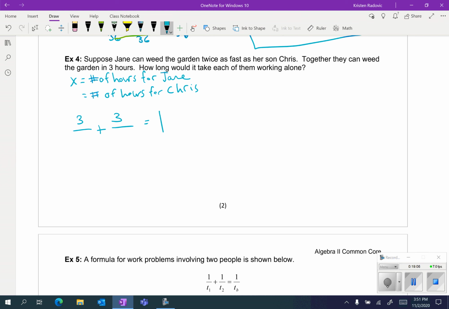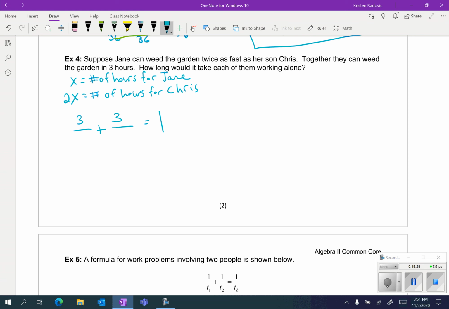If Jane does it in 5 hours and she's twice as fast as Chris, then Chris takes 10 hours. If Jane does it in 2 hours, then Chris is going to take 4 hours. So it's double the amount of time that Jane takes. So Chris is going to be 2x.